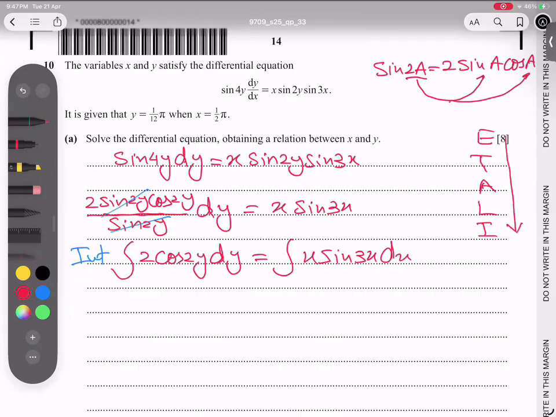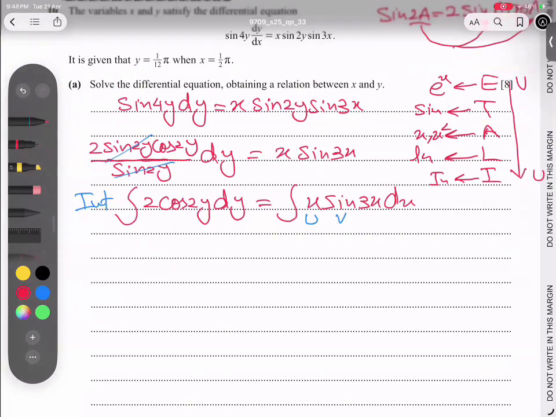Top to bottom, top is V, down is U. Exponential is e to the power x. Trigonometry is sin or cos. Algebra is x or x squared. Logarithm is ln, and I stands for inverse function. Right now, I have trigonometry and algebra. So trigonometry is above, so trigonometry is V, algebra is U. So I'm writing U and V.